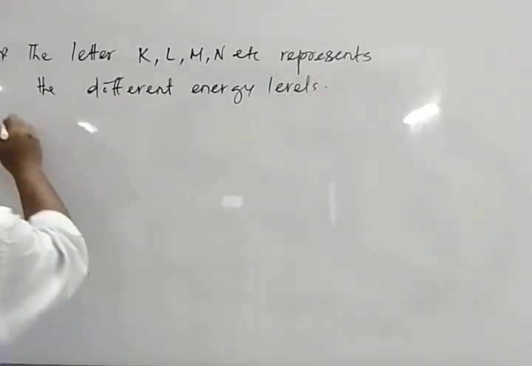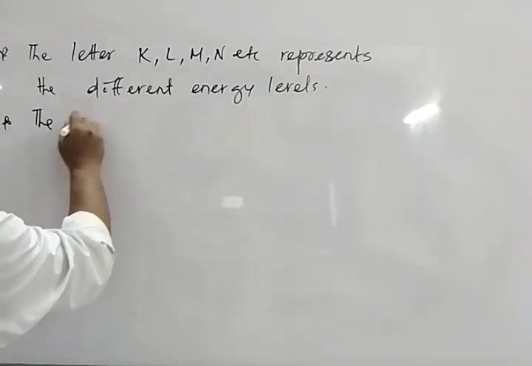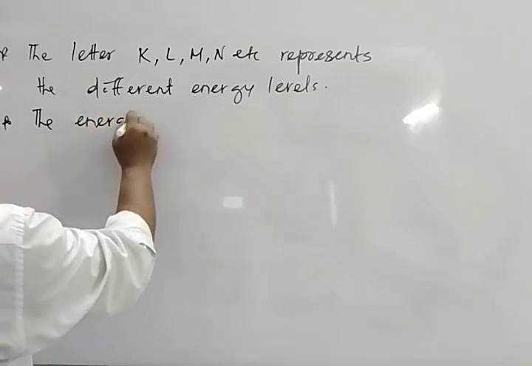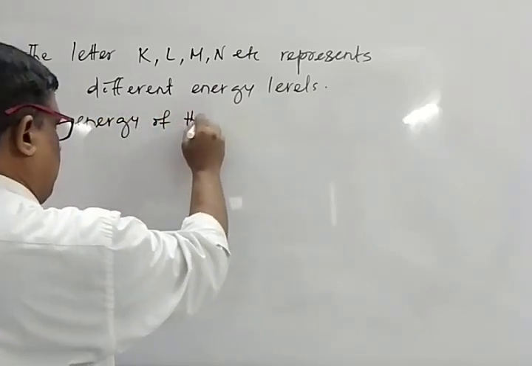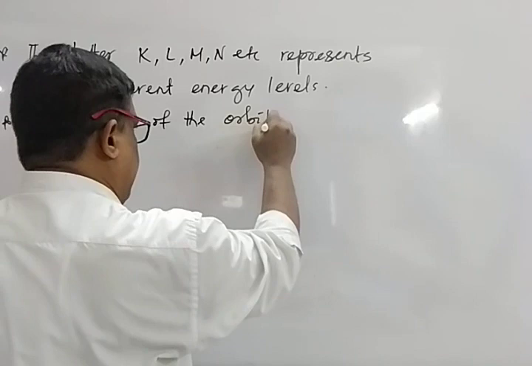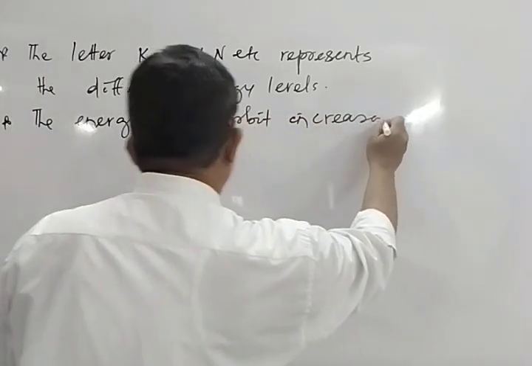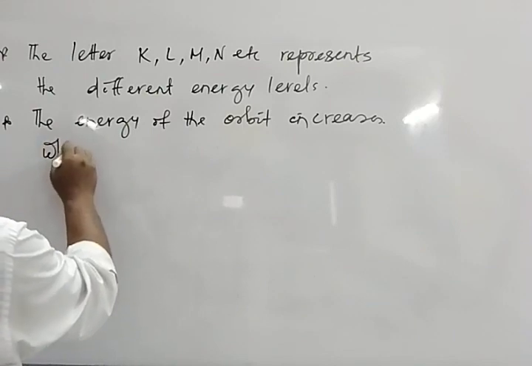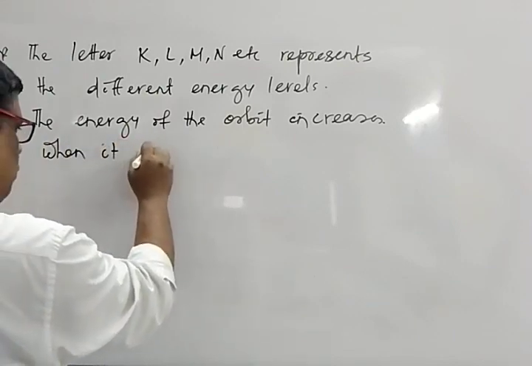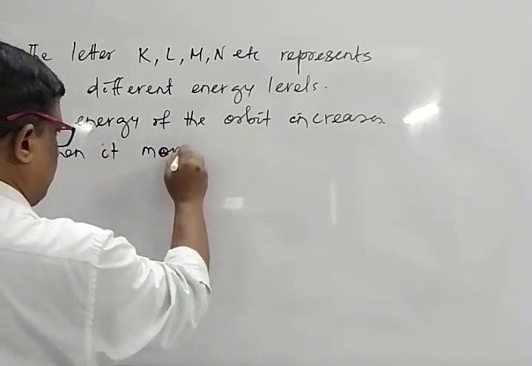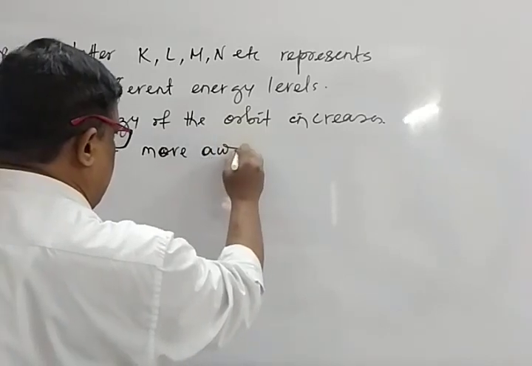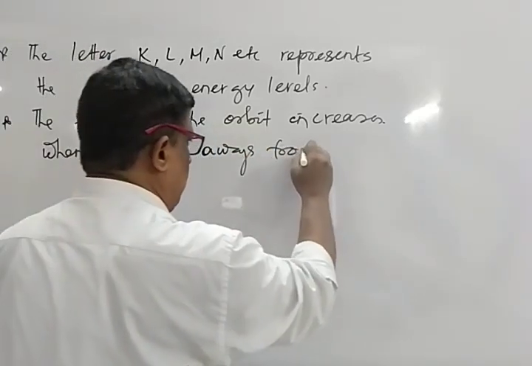Next, the energy of the orbit increases when it moves away from the nucleus.